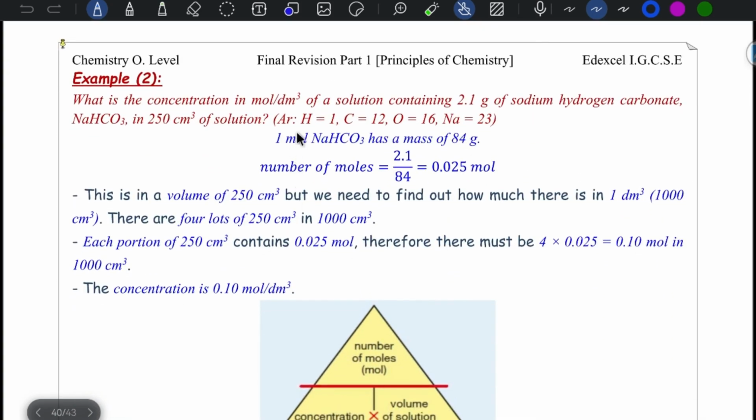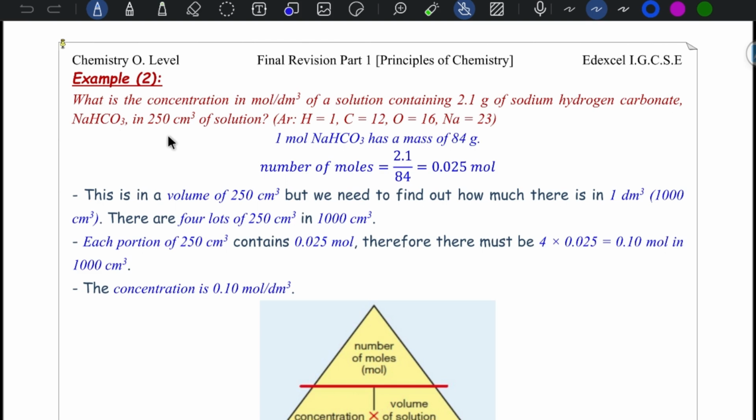What is the concentration in mole per cubic decimeter of solution containing 2.1 gram of sodium hydrogen carbonate in 250 cubic centimeter? He asked about concentration in mole per cubic decimeter. You have to convert this one to mole at the beginning and then divide by volume because it's 250.